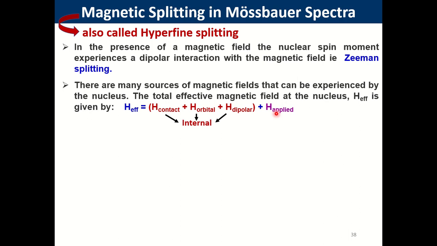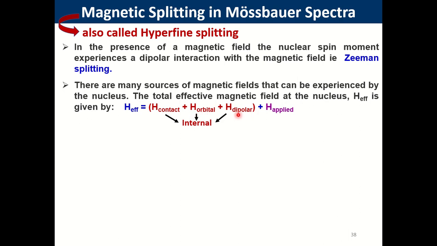The internal field has three components: the contact term, H contact, that is the magnetic field due to Fermi contact interactions. Then there is the orbital one, due to the orbital motion of electrons. Due to the orbital motion, a magnetic moment is generated, and this gives rise to a magnetic field.